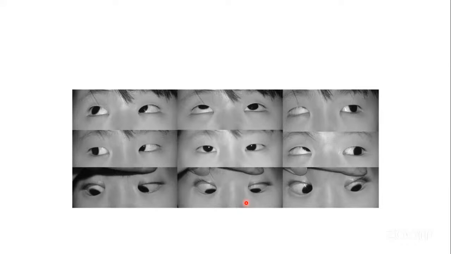But the more common procedure is inferior oblique weakening. It is much easier, and also the duration of the procedure is shorter. So we usually go for inferior oblique weakening more commonly.